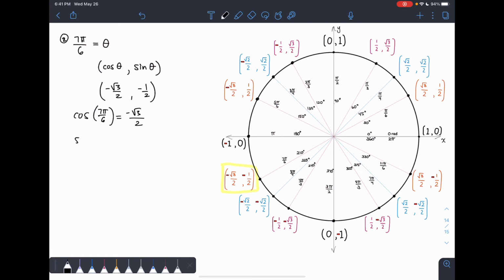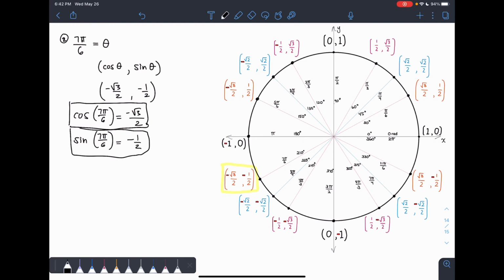And sine of 7 pi over 6 is equal to the y value, or negative 1/2. Yay! Okay, so we took care of 2 out of 3 of our trig ratios. All that's left to do is figure out what is tangent of 7 pi over 6.